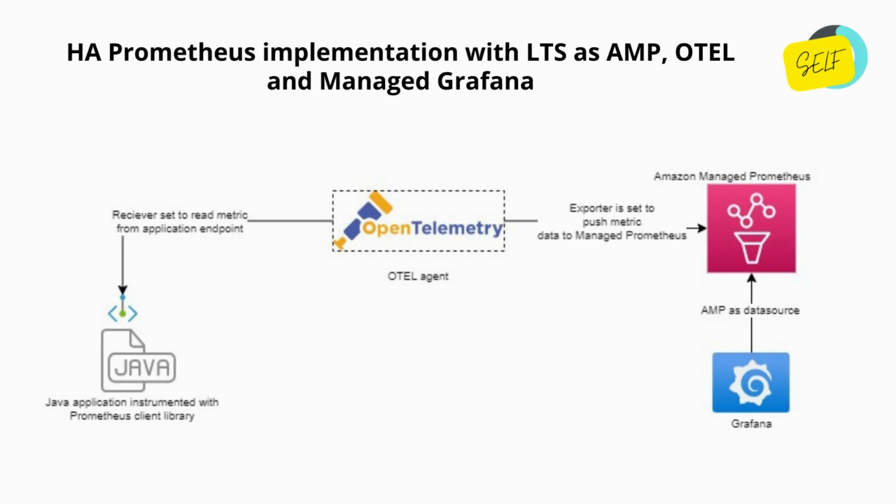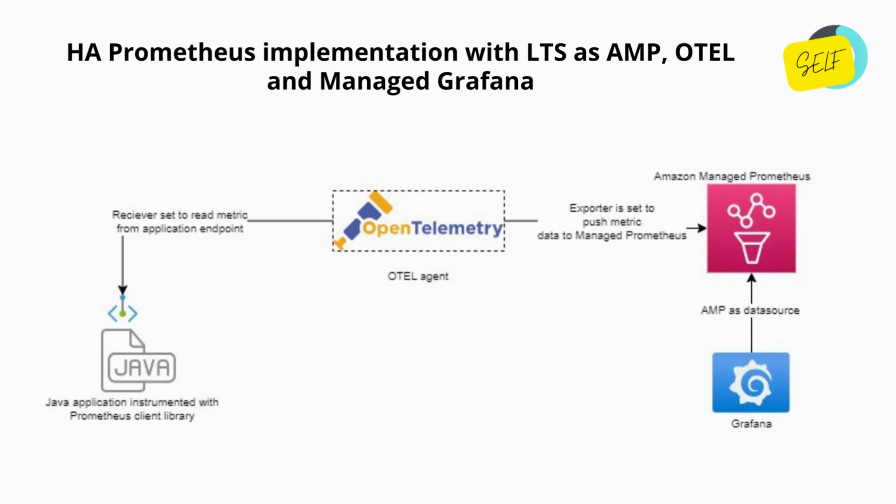You can use their library to instrument your code, and you can expose the process specific metrics over an HTTP endpoint. Now from that endpoint, either you can read the data inside the open source Prometheus itself, or you can bring in open telemetry in between, read the data from those endpoints and export it to managed Prometheus. So the same thing is happening here as well.